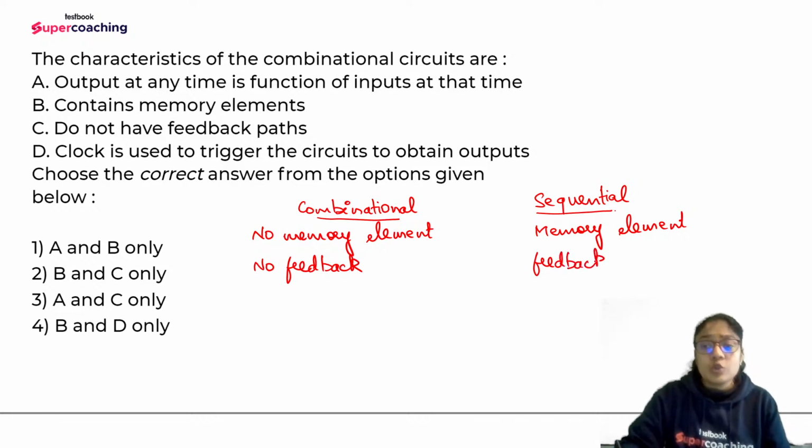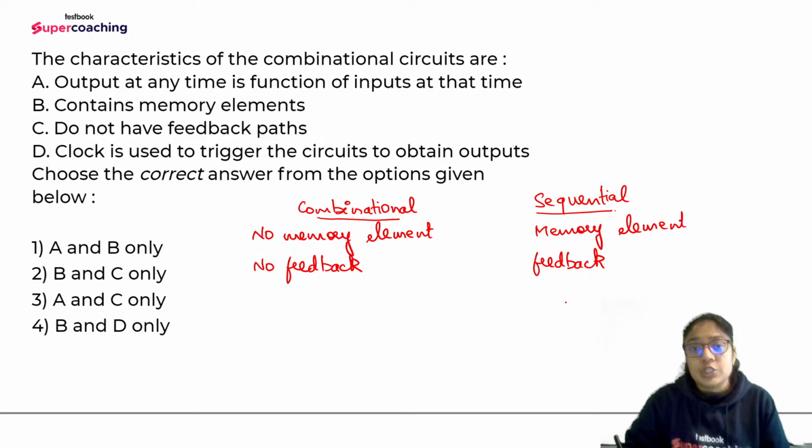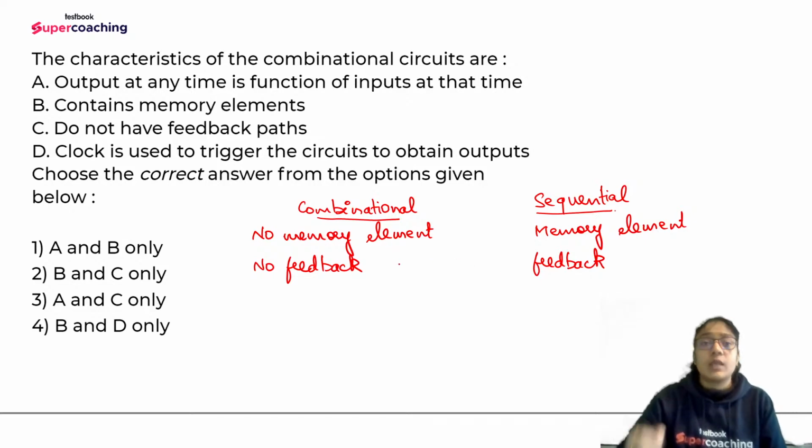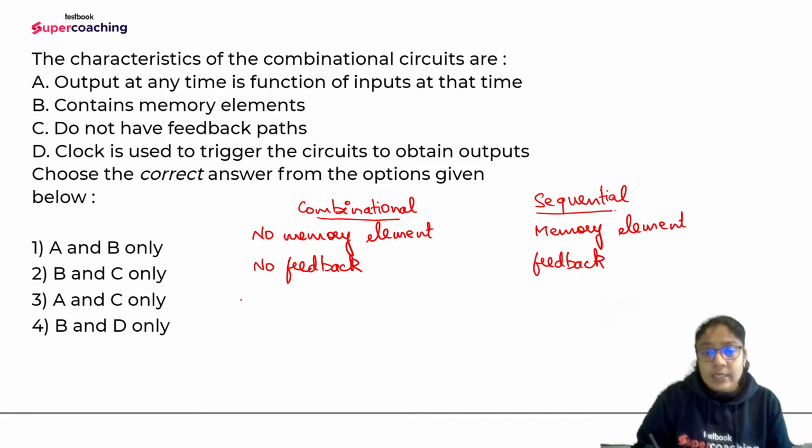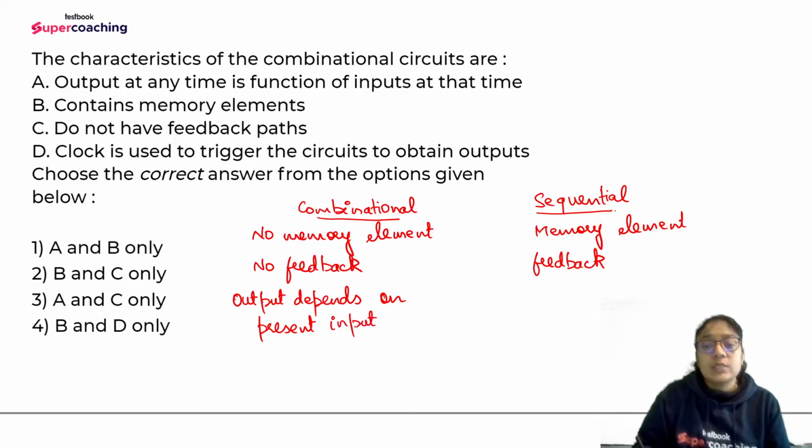Moreover, the most important, which is based on the definition, combinational circuits में current output depends on the current input. यानी कि output depends on present input only. पिछली स्टेट में क्या आउटपुट आई थी उससे कोई लेना देना नहीं है. So it depends on present input only.